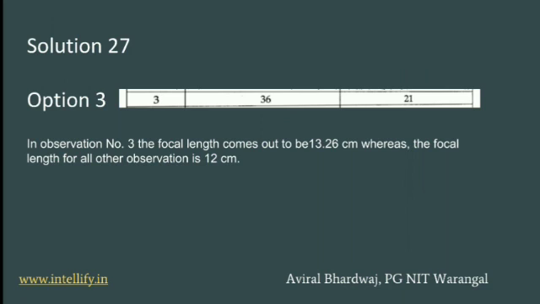For the third option, using the formula, the focal length comes out to be 13.26 centimeters, whereas the focal length of the others observed is 12 centimeters. So there is a difference, and option 3 is correct.